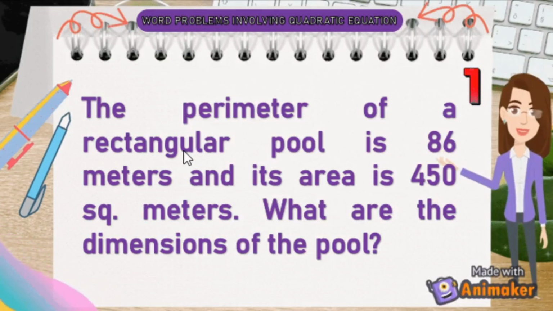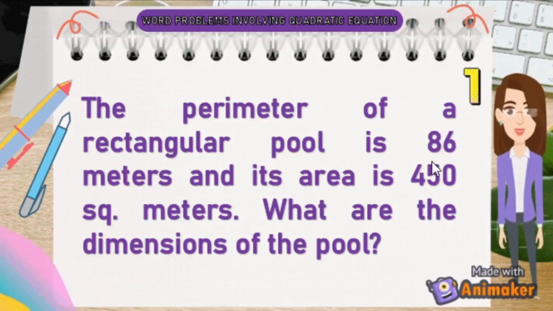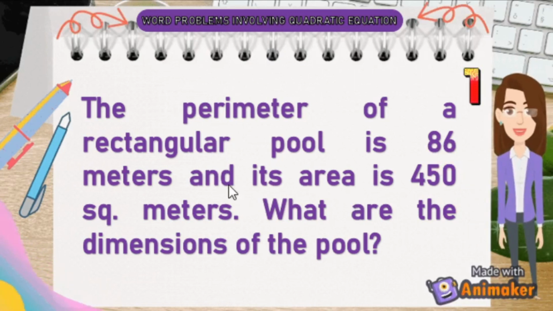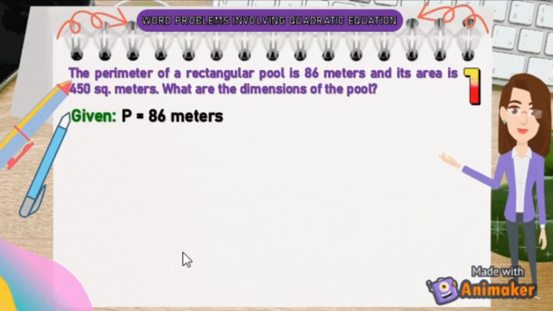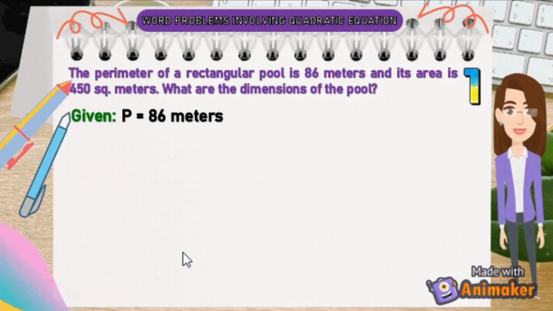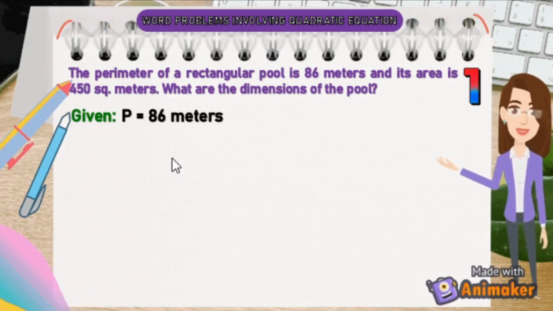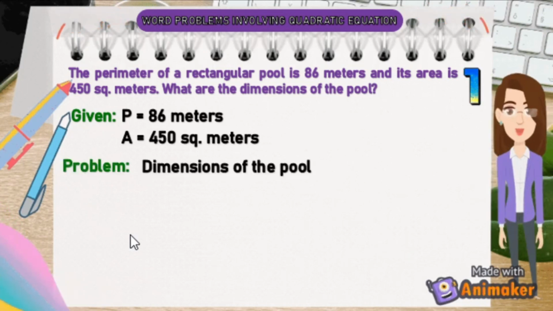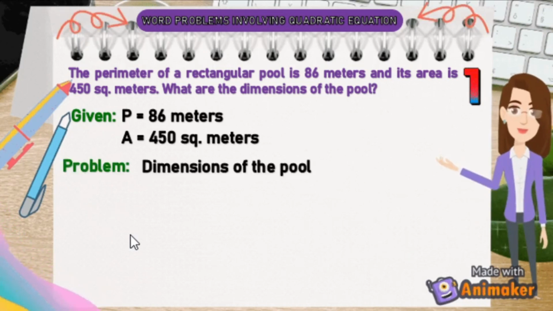Problem number 1. The perimeter of a rectangular pool is 86 meters and its area is 450 square meters. What are the dimensions of the pool? So, the givens are 86 meters, which is yung perimeter, and an area of 450 square meters. And the problem is dimensions of the pool.